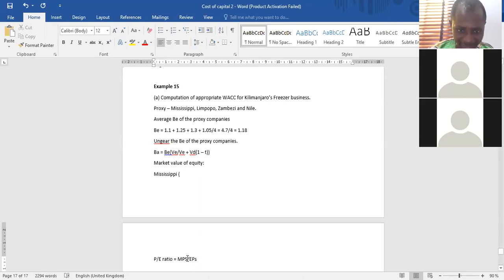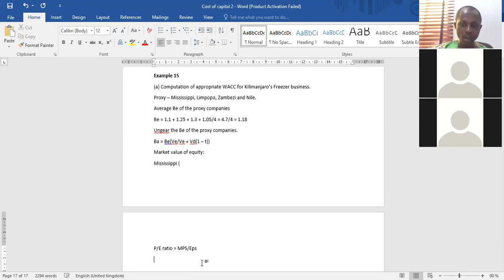So what I want to get is market price per share. I will make market price per share the subject of the formula. How will I do that? Market price per share will be equal to price earnings ratio multiplied by EPS. Can you see that? So that's why the question gives you that information. Let me leave it there for you for your consumption. So this EPS.